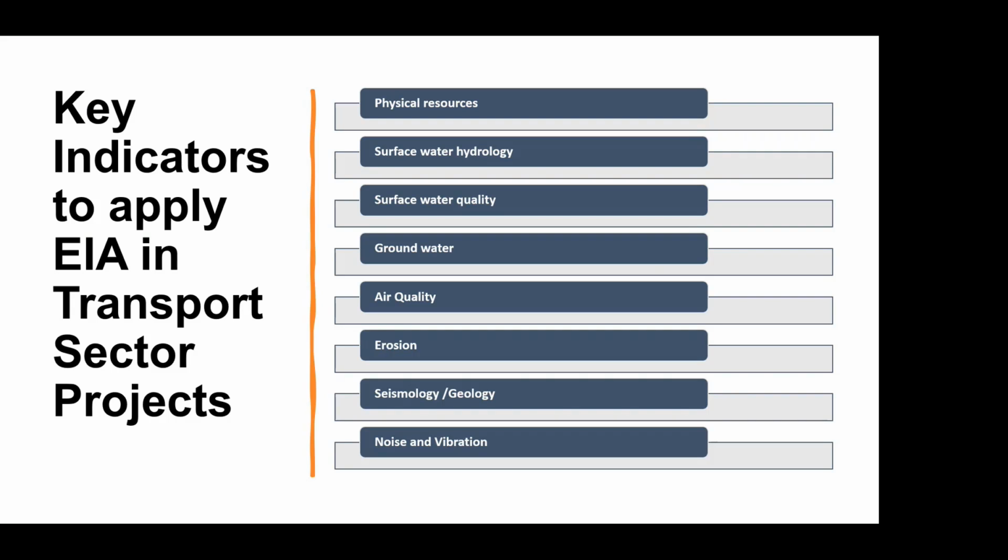During operation, air quality deterioration may occur due to an increase in vehicular traffic. For example, if you construct a highway, or a high-speed railway, or similarly an airport, all these different modes of transportation contribute to the air pollution load and may be regarded as a secondary impact in terms of air quality.